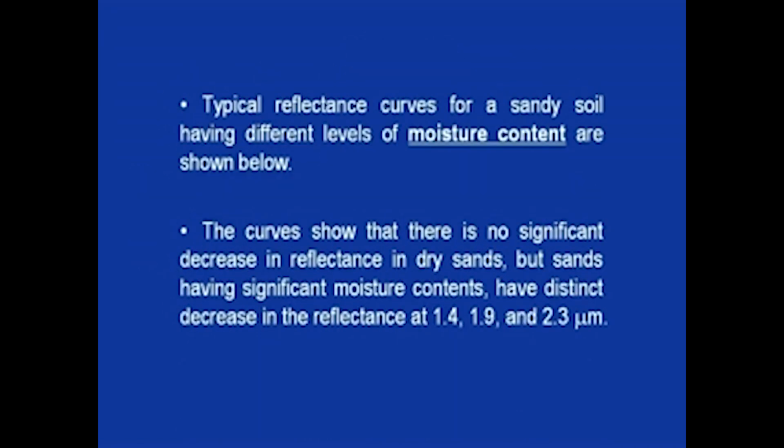We can see that when we look at the impact of moisture, there are distinct decreases in the reflectance at about 1.4, 1.9 and 2.3 micrometers. This can be seen in this slide again, that there are certain dips which come into play.